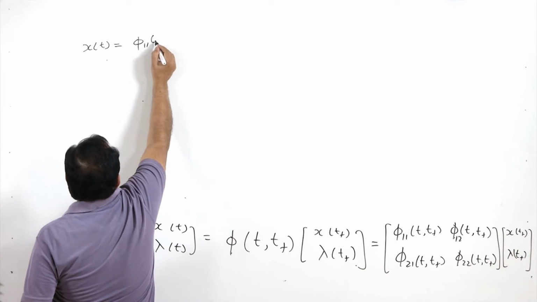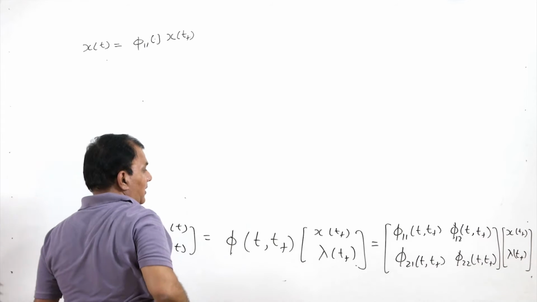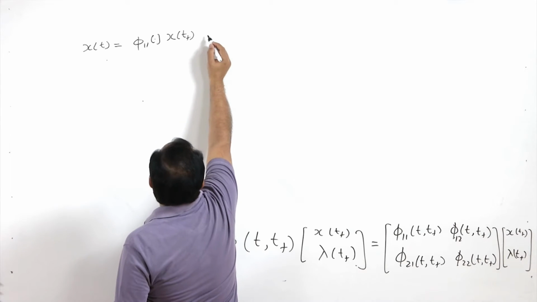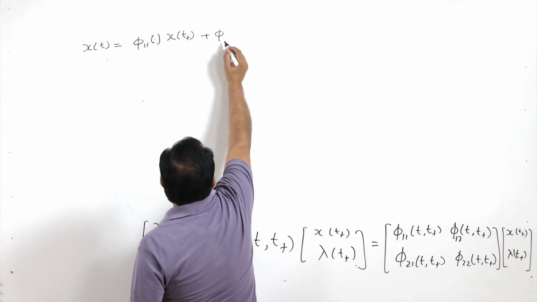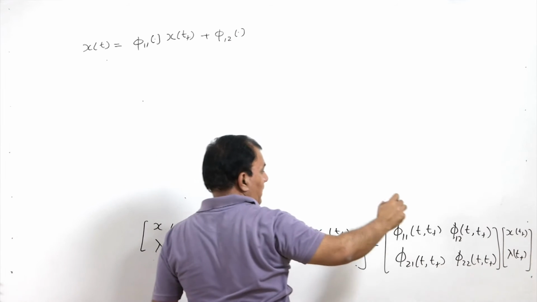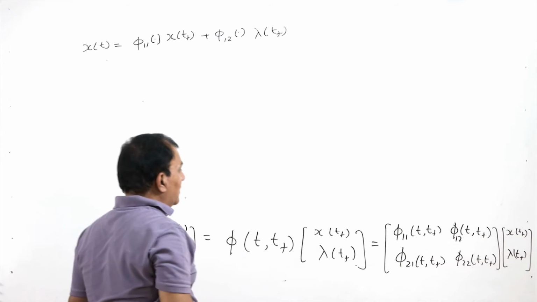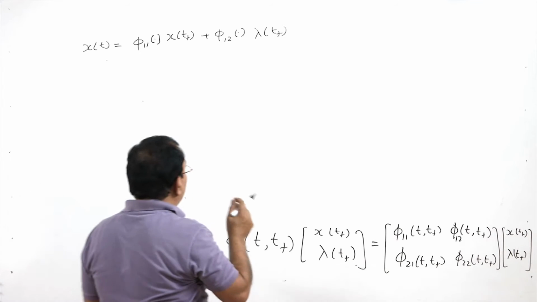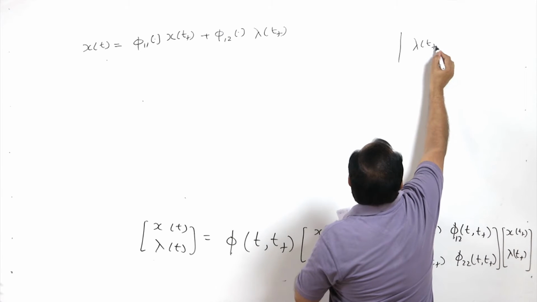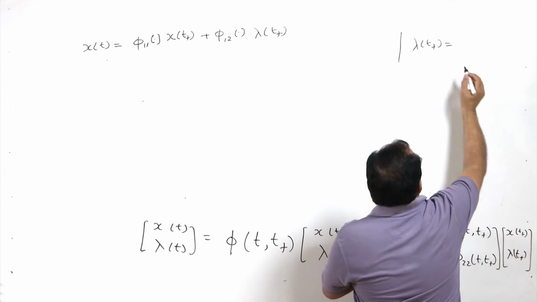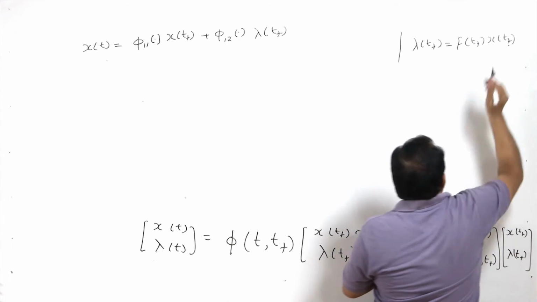I write this as phi 11 x(t_f) plus phi 12 lambda(t_f), and what I have, lambda(t_f) is F(t_f) x(t_f).